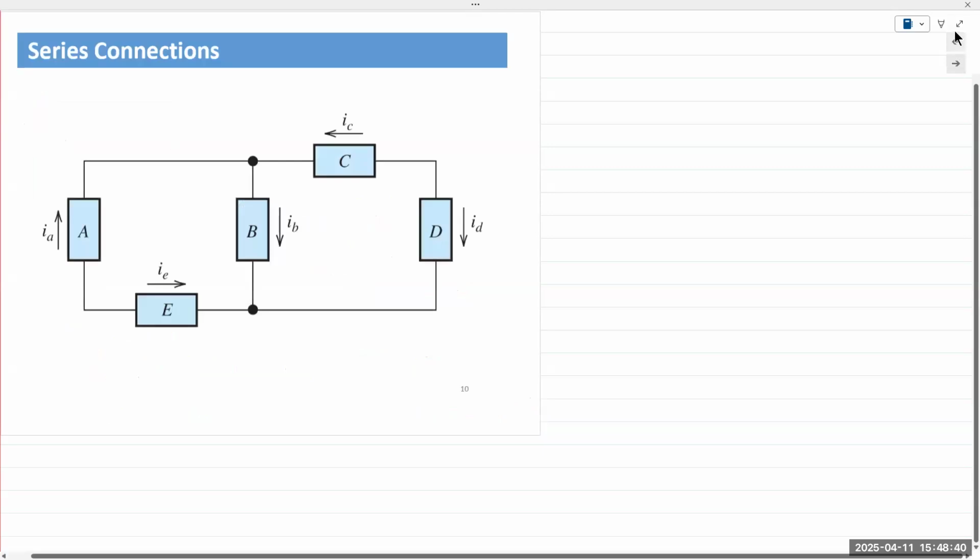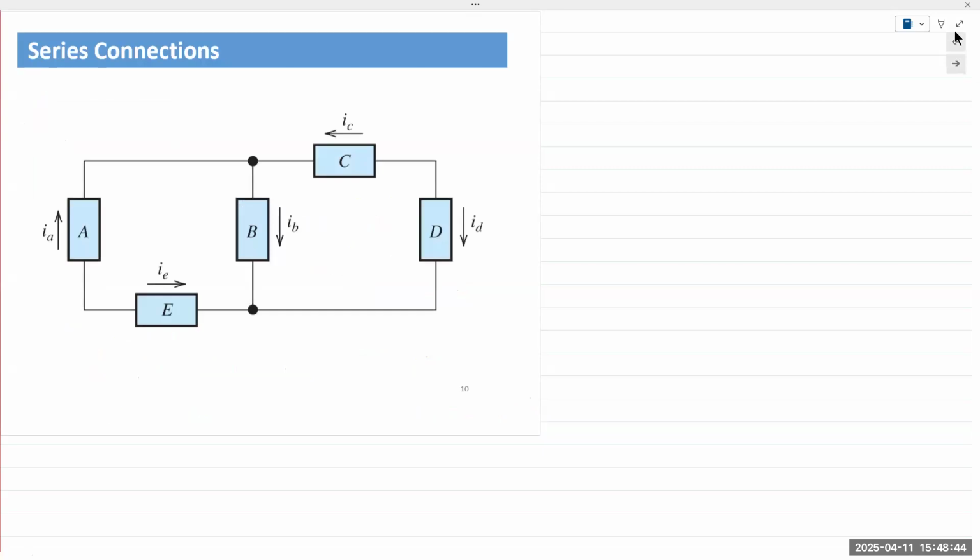All right. So let's talk about series and parallel connections. In general, if you have two or more components connected together, they should share only one node between two of them.